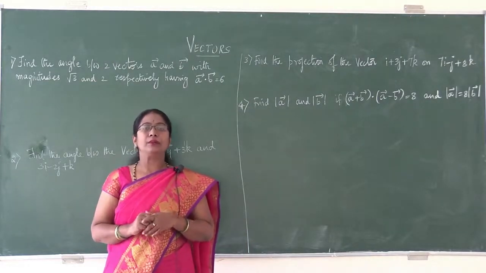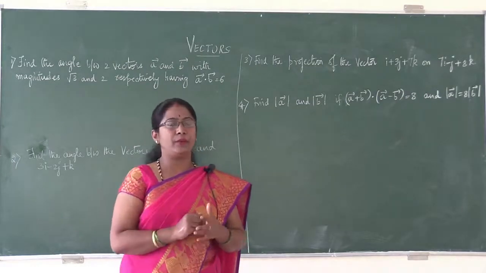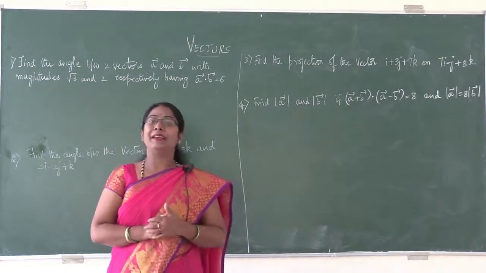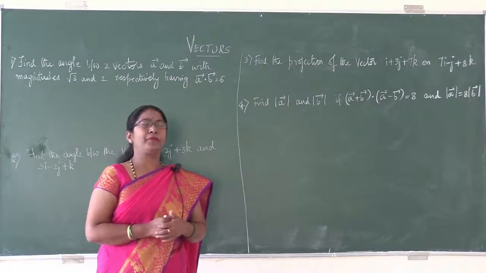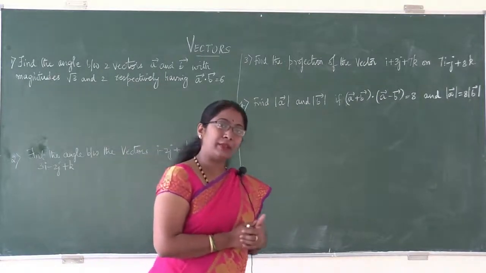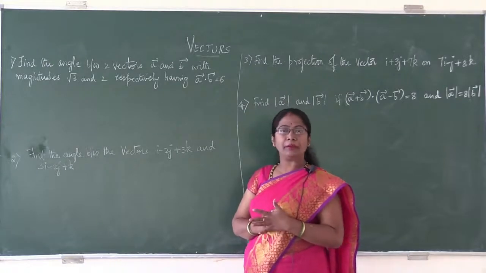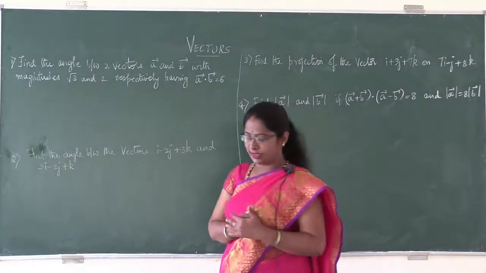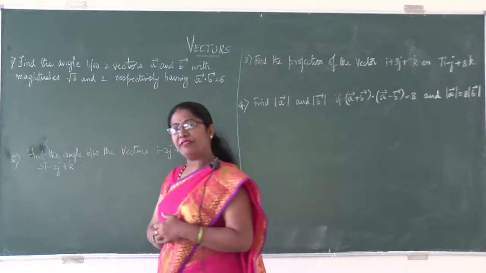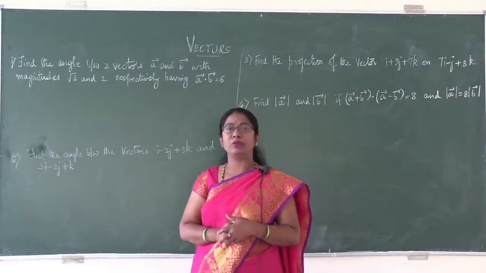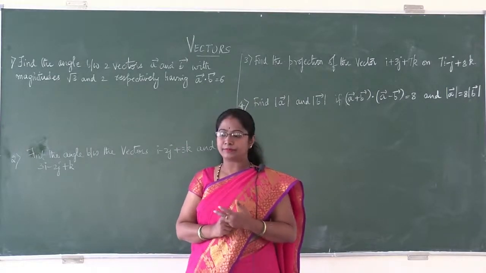Cos theta is equal to vector A dot vector B divided by magnitude of vector A, magnitude of vector B. The dot product of two like vectors is equal to 1. The dot product of two unlike vectors is equal to 0. Square of any vector is equal to square of its own modulus.